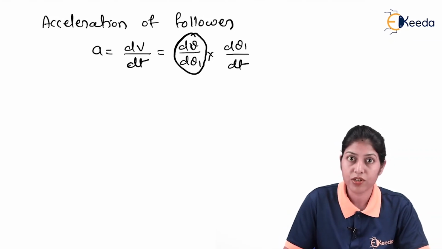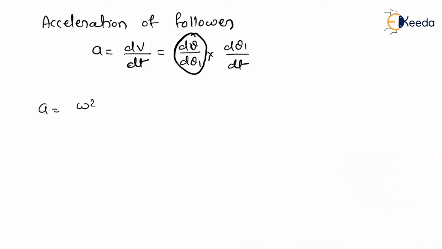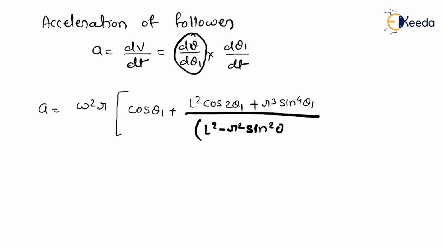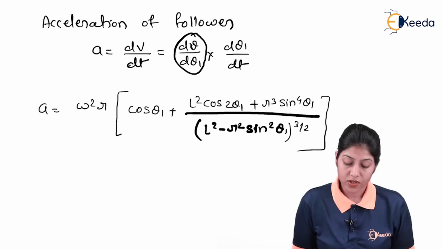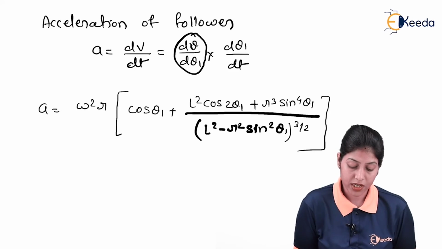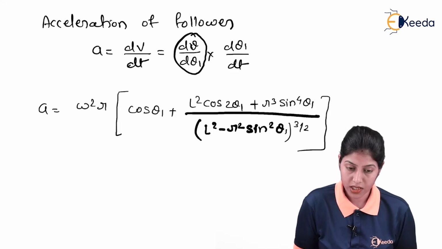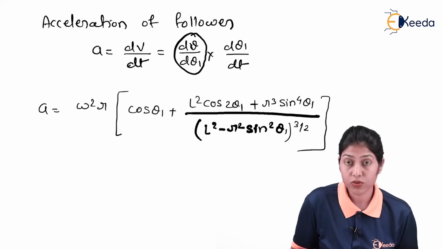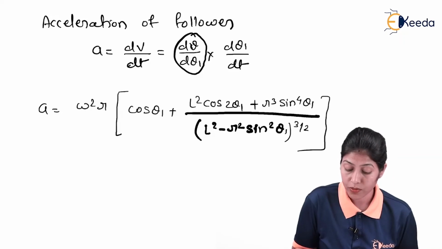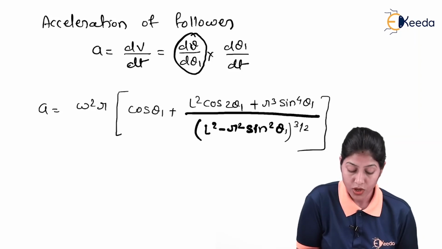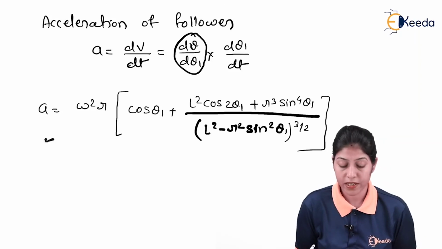And the final equation for acceleration, so this is the final equation of acceleration: omega square r cos theta 1 plus L square cos 2 theta 1 plus r cube sine 4 theta 1 by L square minus R square sine square theta 1 to the power 3 by 2. So here is the equation of acceleration.